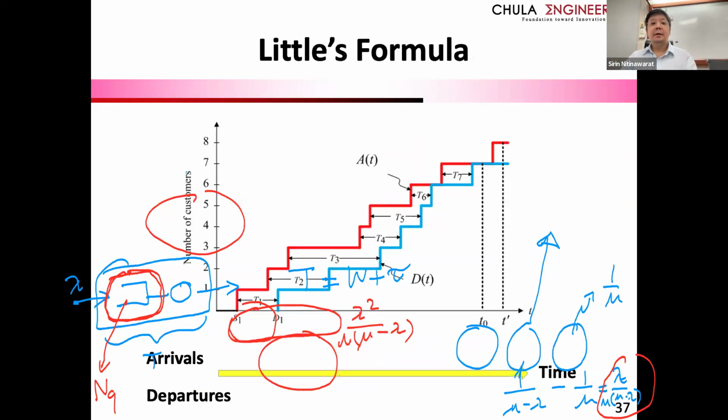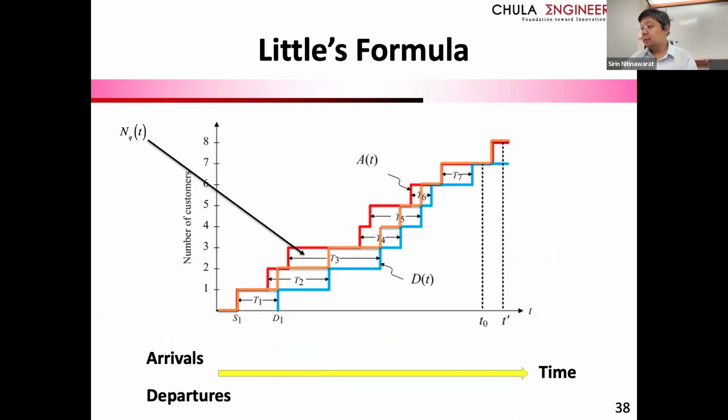Okay. So this sub Little formula is interesting because if you go back to this staircase plot, you can overlay another staircase plot in orange. What should this orange plot represent? Remember, staircase plots are used to derive Little formula.